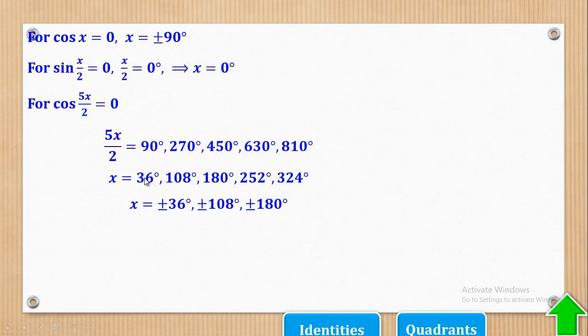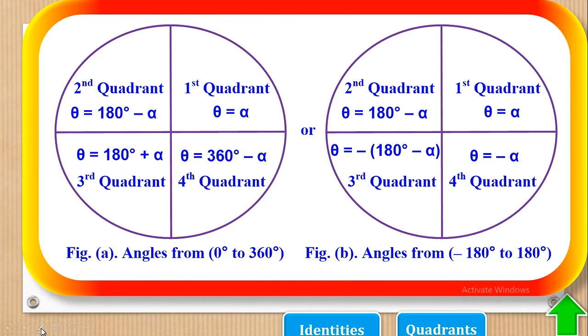So when I come here, 36 is okay because it is within the given required range. 108 is okay because it is within the required range. This one is also okay. But when we come to this 252, so 252 is going to be in the third quadrant.